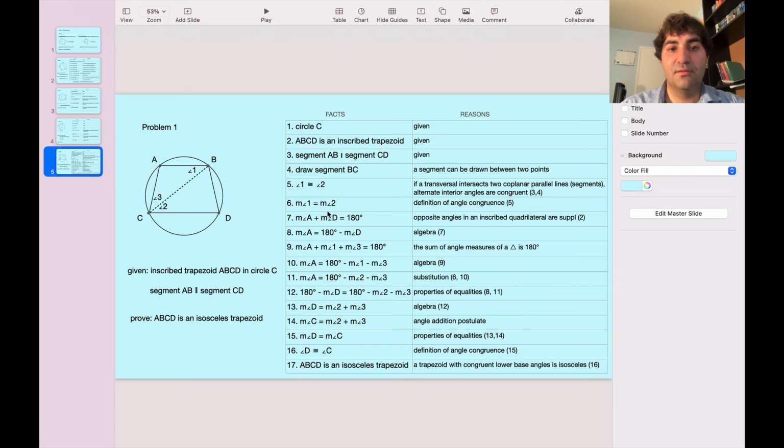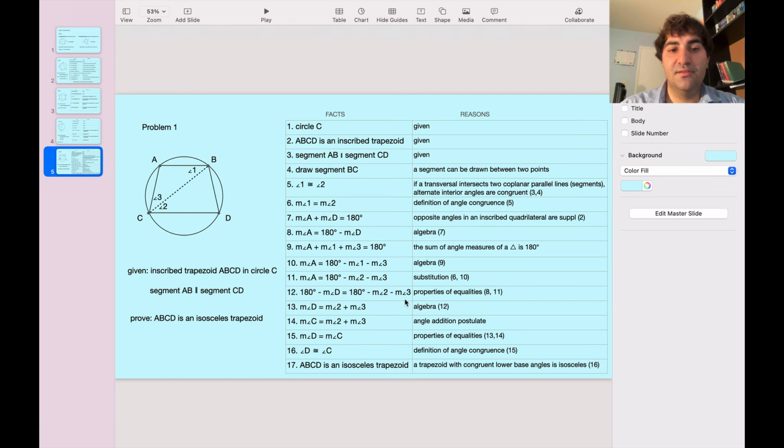So I substitute measure of angle 2 for measure of angle 1, right? So now we can use the property of equalities to get what we have in 8 and what we have in 11.